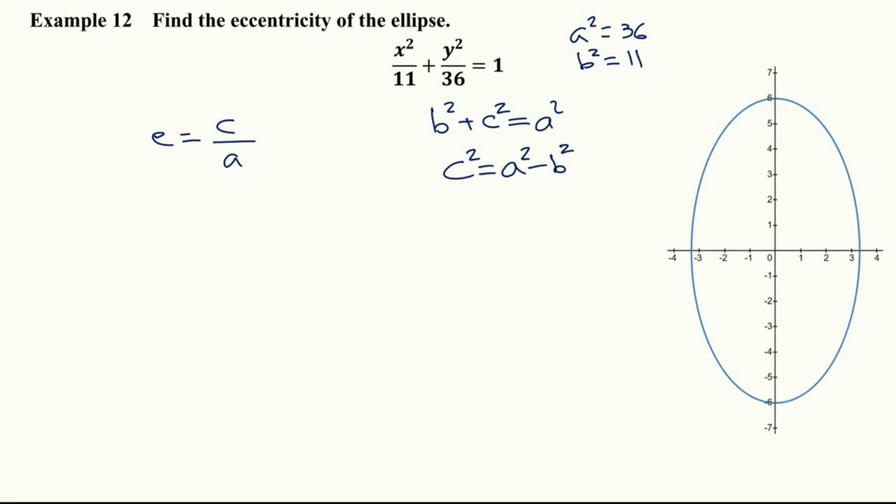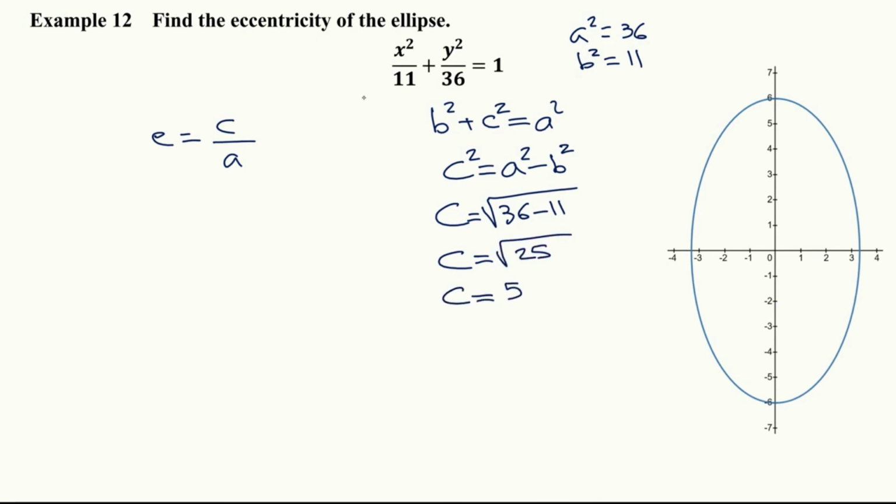So c, and I'm interested in the length, so I'm just going with the positive version, is the square root of a squared, which is 36, minus b squared, which is 11. So we get c equals the square root of 25, which is 5.